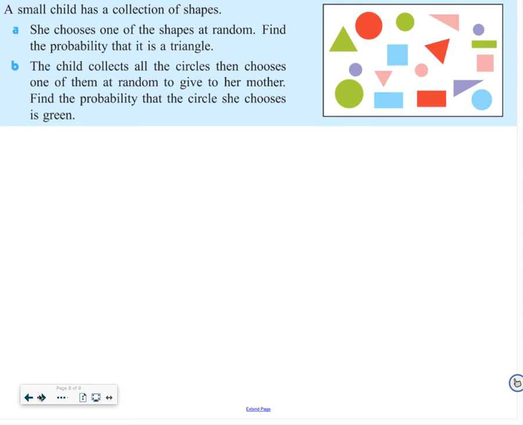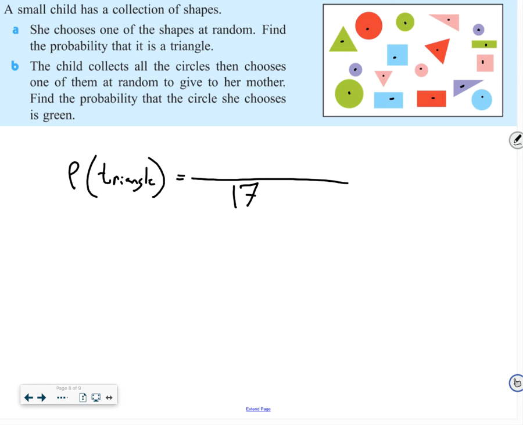Okay, a small child has a collection of shapes. She chooses one of the shapes at random. Find the probability that it's a triangle. So first, to find the probability that it's a triangle, I need to first know how many are in my sample space. As I go through here, I get 1, 2, 3, 4, 5, 6, 7, 8, 9, 10, 11, 12, 13, 14, 15, 16, 17 different shapes that she can pick from. So I have 17 objects in my sample space.